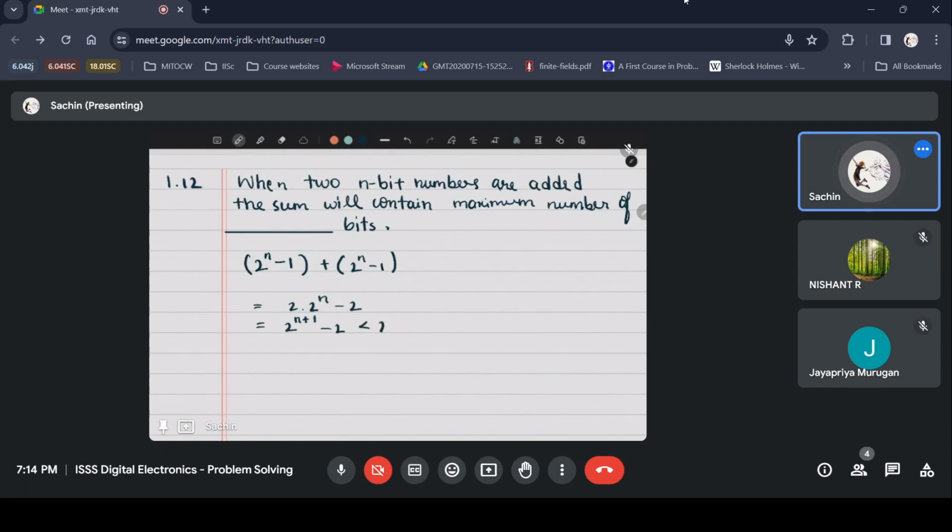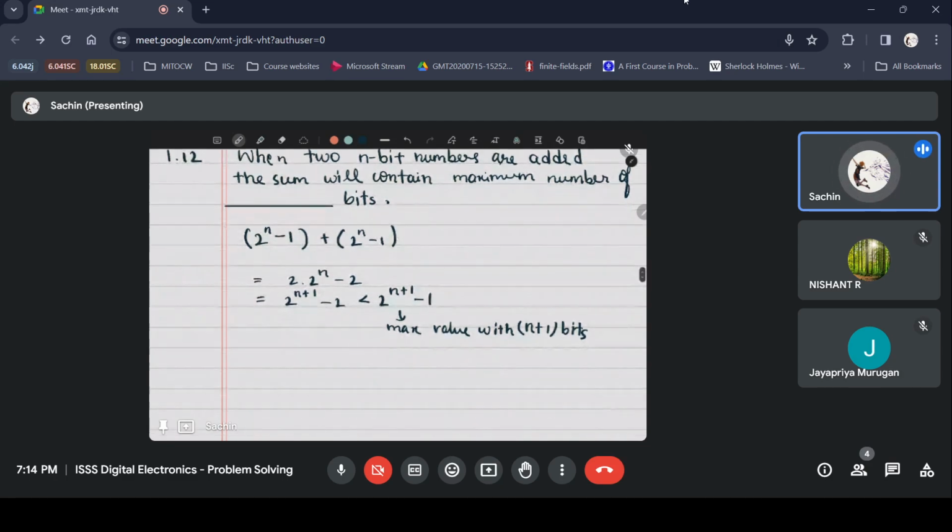This number is less than 2 power n plus 1 minus 1, which is the maximum value that you can represent with n plus 1 bits. So since that is less than that, 2 power n plus 1 minus 2 can also be represented with n plus 1 bits.